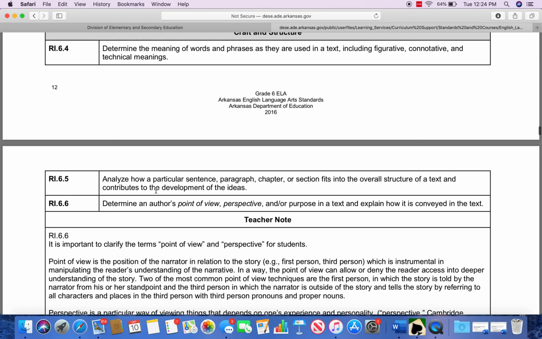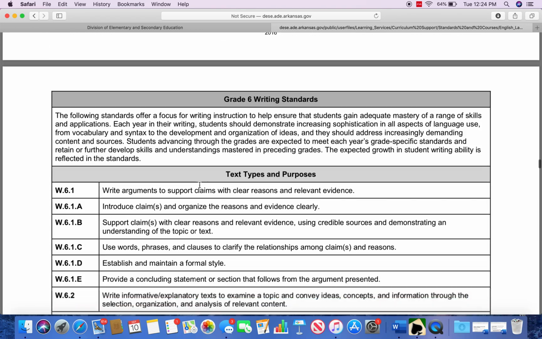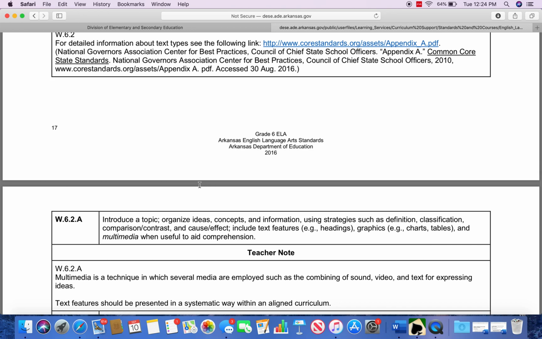You could also have them analyze it after they determine the meaning of it. Take them to standard number 5, in which they analyze, and then you can take them to writing. Okay, so as you see, as you're teaching a unit, you might spend a whole week covering two or three standards in the English language arts, but you spread that out over a series of a whole week.